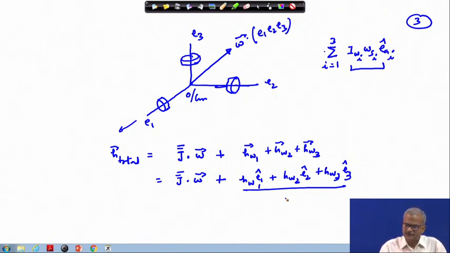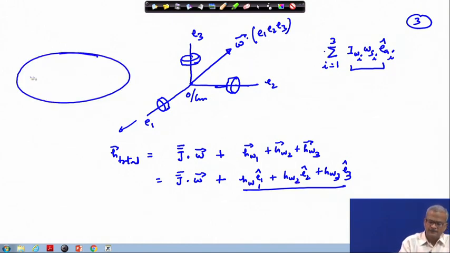Sometimes it may happen that one of the wheels is used for spin stabilization of the satellite. The satellite is going in the orbit. This is your EO cap 1 direction and EO cap 2, which is going inside the page, so I am not showing it here. This is toward the center of the earth, your EO cap 3.